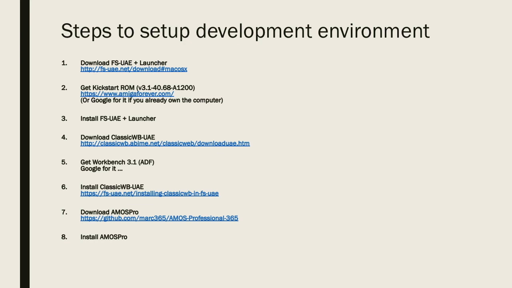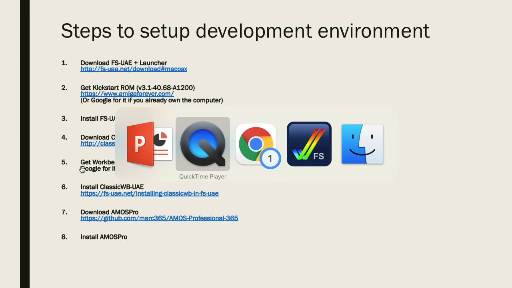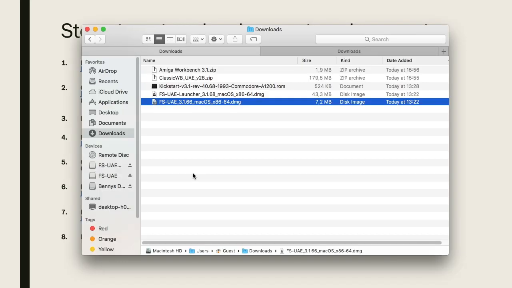It's not hard to find, but I will not tell you the direct link to it. So I will get mine. Yes. Now I have both the Classic Workbench here and the Amiga Workbench, the original 3.1.